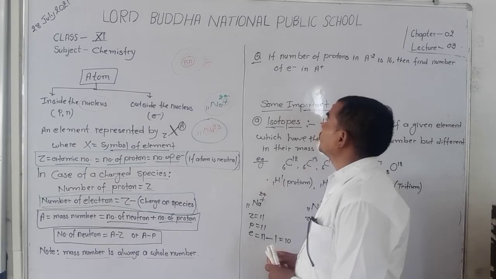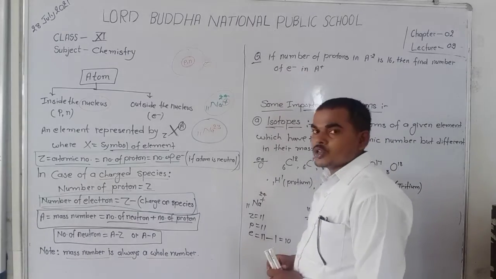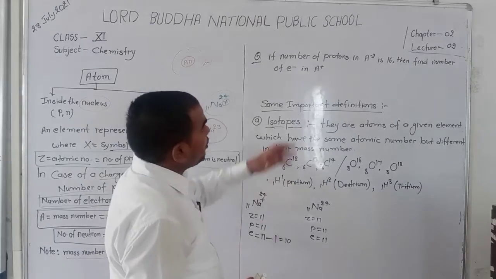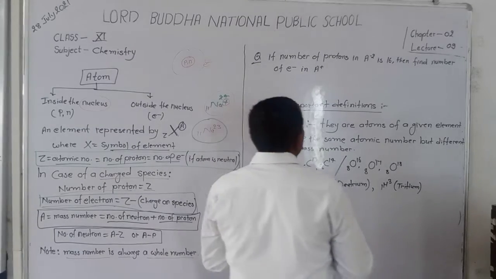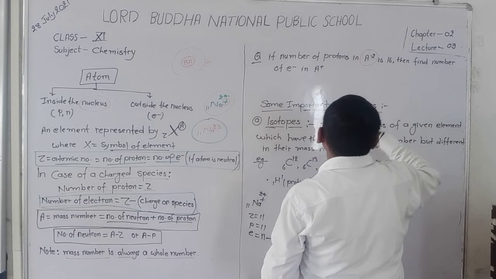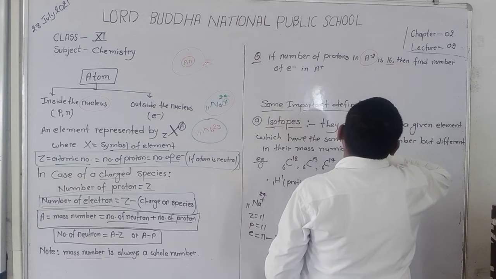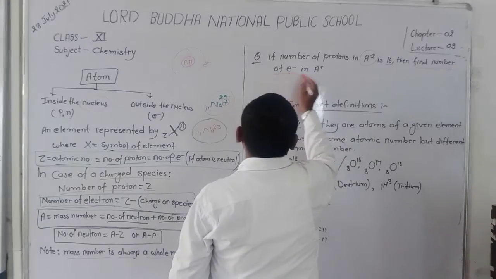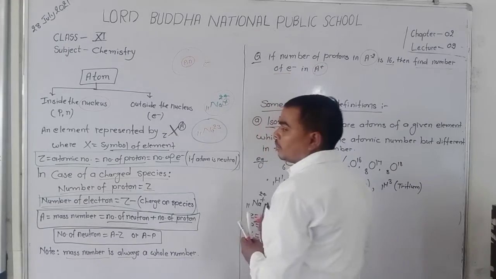Now discuss here the questions. Dear student, in this question, if the number of protons in A2- is equal to 16, then find the number of electrons in A+.